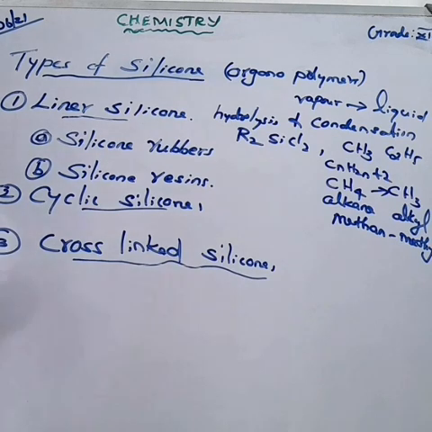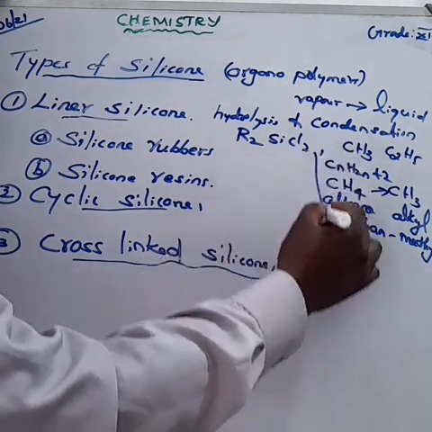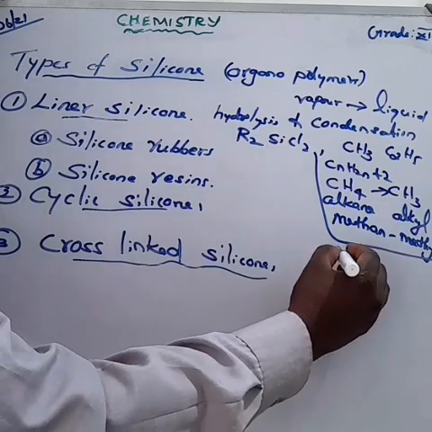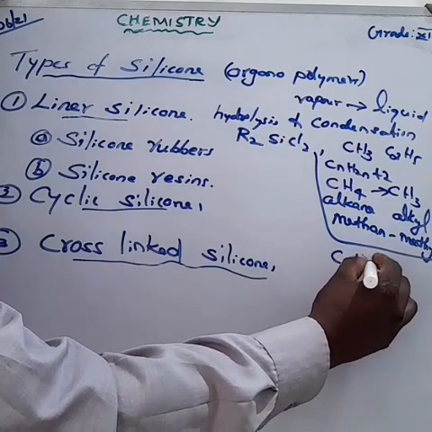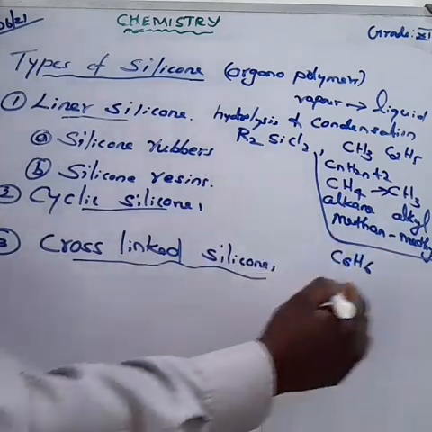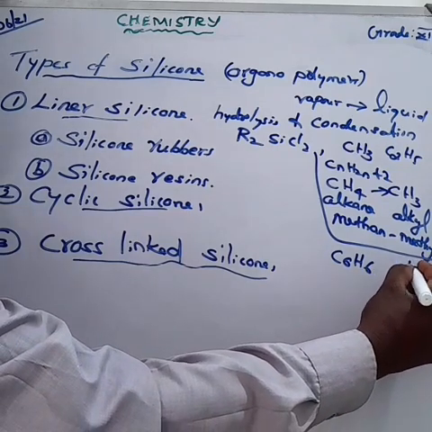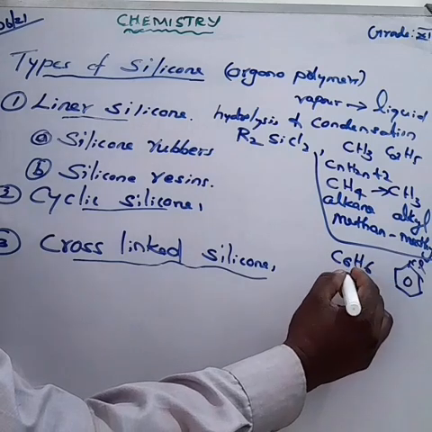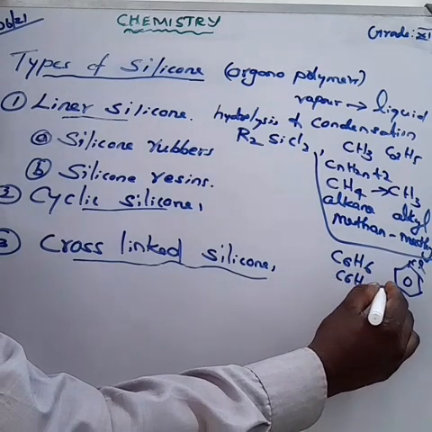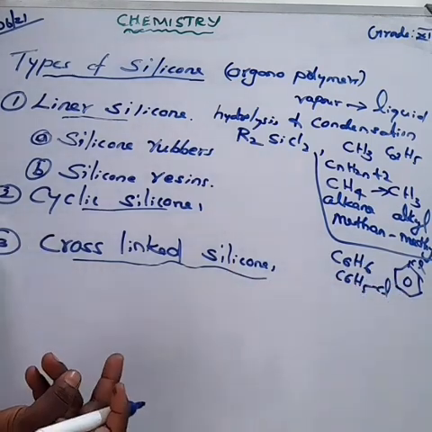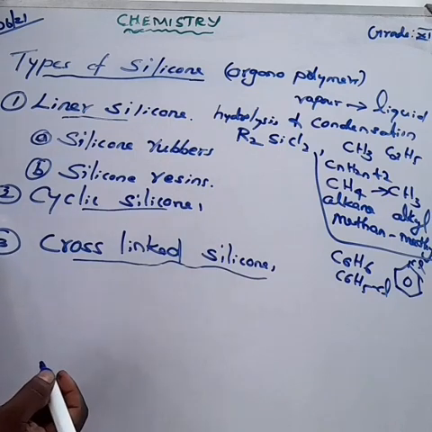What about aryl? For example, benzene. We take benzene, this is the structure of benzene. I add one chlorine, so we call it aryl chloride, chlorobenzene. So dialkyl, diaryl means two groups.